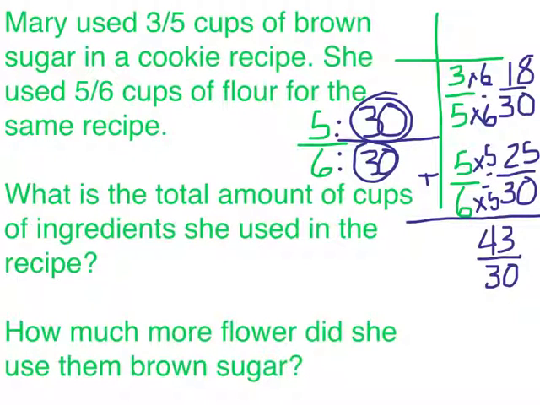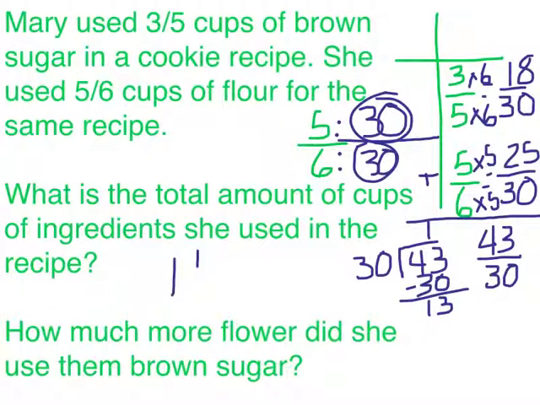No. I need to change it into a mixed number by dividing. When I divide 43 divided by 30, I get 1 with the remainder of 13. How do I write that as a mixed number? She would have 1 and 13 over 30 cups of ingredients in this recipe.